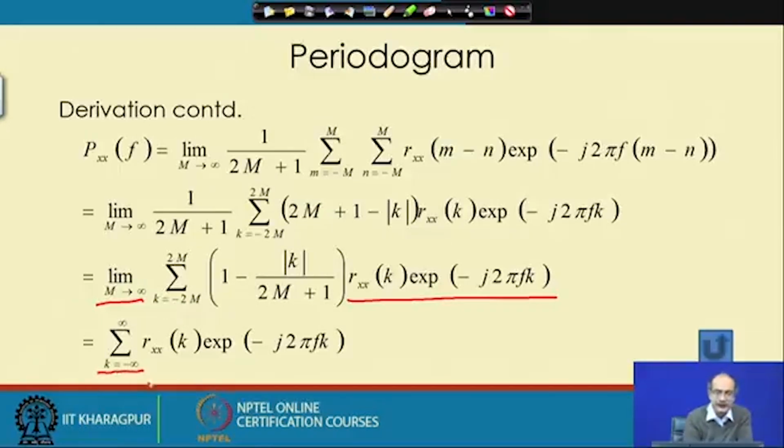So, we have a change here, and for this term what we get, as m tends to infinity, this term, second part of it, this one, it goes to 0 for all finite value of k. So, we can simply replace this term, that the limiting value would be 1. So, we get the classical definition of the PSD here.